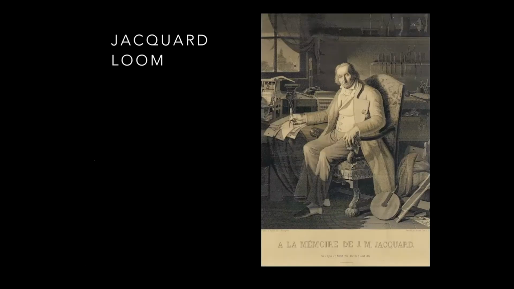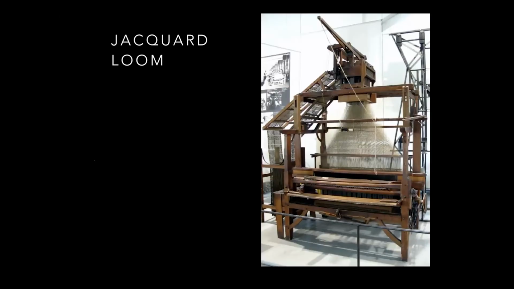Until Joseph Marie Jacquard came along, and he invented a way to make this much, much faster. So this is a portrait of Jacquard that is actually woven on one of his inventions, the Jacquard Loom. It's an attachment that sits on top of a draw loom, and you can see it at the top of this image.